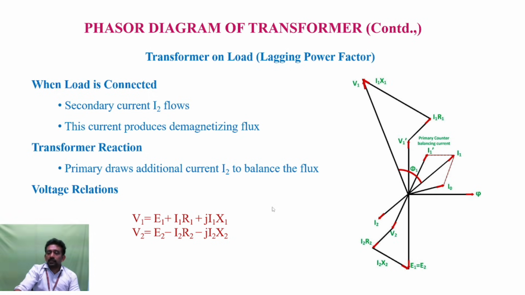For the transformer at lagging power factor, when the load is connected, the secondary current I2 flows, and this current produces a demagnetizing flux.